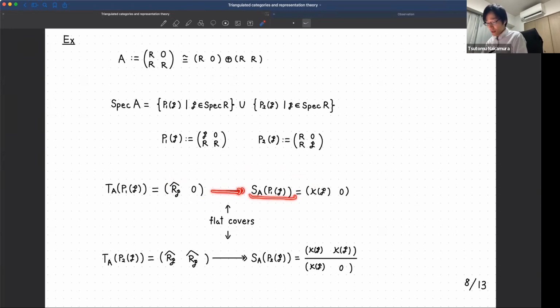And this one is the locally simple module corresponding to P1. On the other hand, from P2, we obtain another indecomposable flat cotorsion module of this form. And the corresponding locally simple module is the factor module of this form. And the canonical map from here to here is a flat cover.